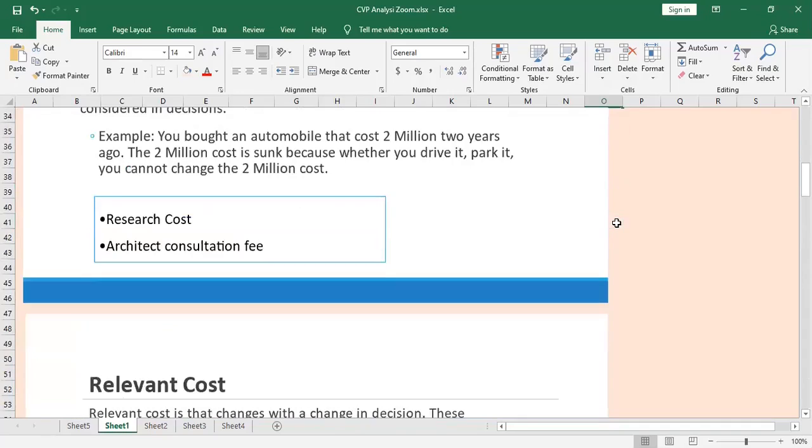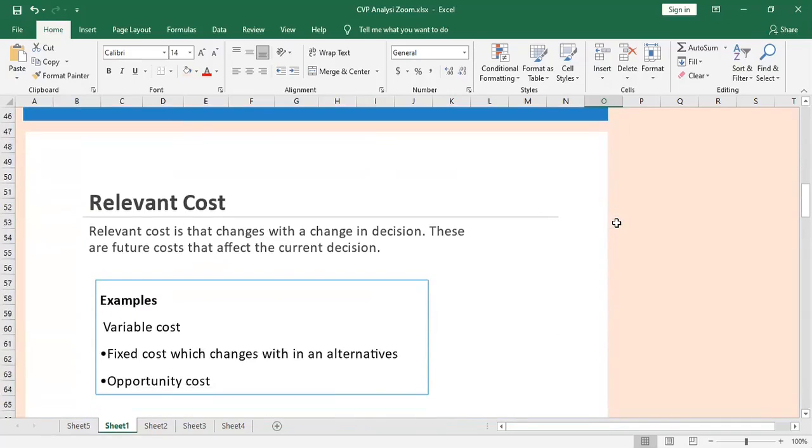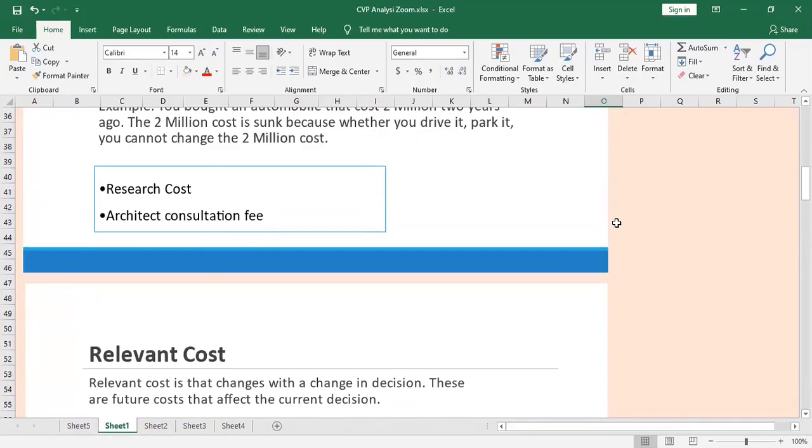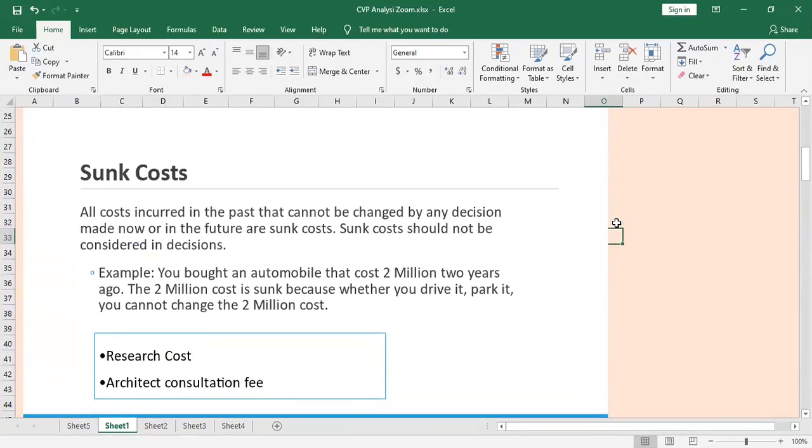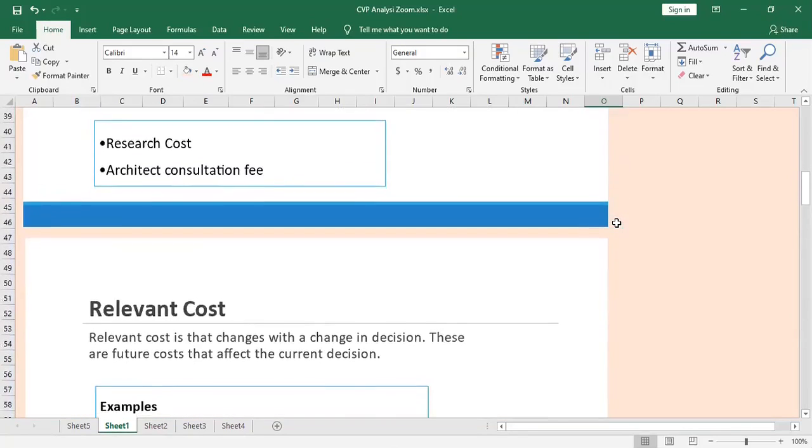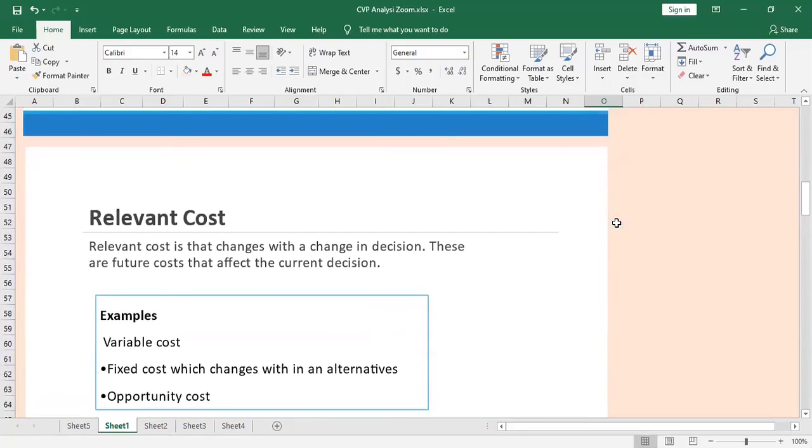And then we have relevant and irrelevant cost. I need to tell you all sunk costs are actually irrelevant. All sunk costs are irrelevant. But there are relevant costs. Mostly variable costs, we normally consider them as relevant cost.